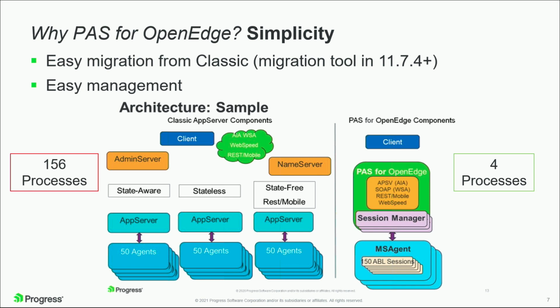So it can handle multiple concurrent requests at the same time. And those requests can simultaneously be state managed or state free, as well as WebSpeed requests. So all of those requests can be handled concurrently within a single multi-session agent.